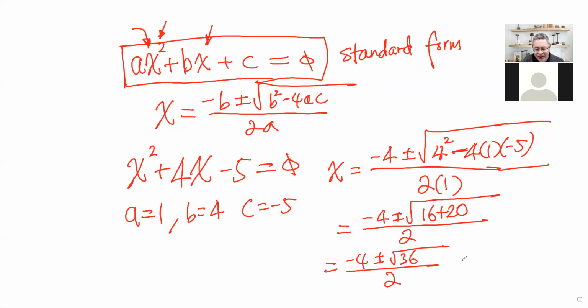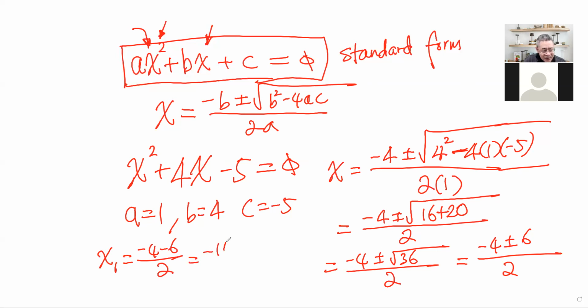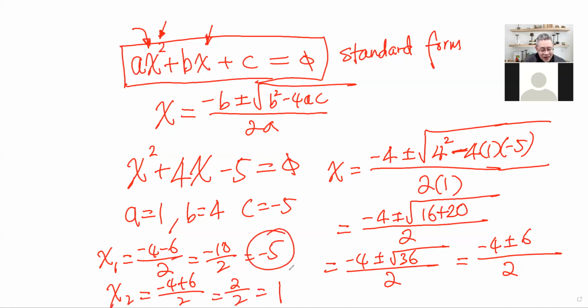Now the square root of 36 is 6, so we got negative 4 plus minus 6 over 2. So x1 is negative 4 minus 6 over 2, which is negative 10 over 2, that's negative 5. Or x2 is negative 4 plus 6 over 2, that's 2 over 2, that gives us 1. So we find our answer there. Good?